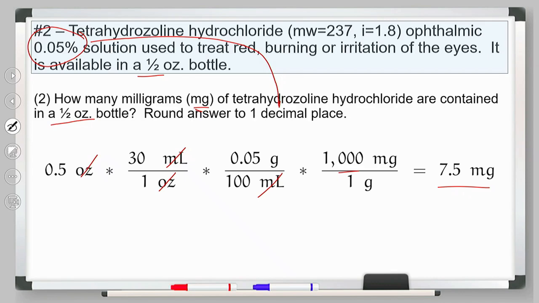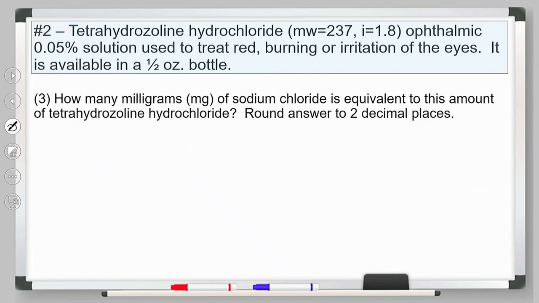So my question here is, if I have 7.5 milligrams of my tetrahydrolysine in 15 milliliters, is that isotonic or hypertonic or hypotonic? That's what we're solving for, okay? So I know there's 7.5 milligrams of tetrahydrolysine. Now that we know the E value that we already calculated, remember it was 0.25.